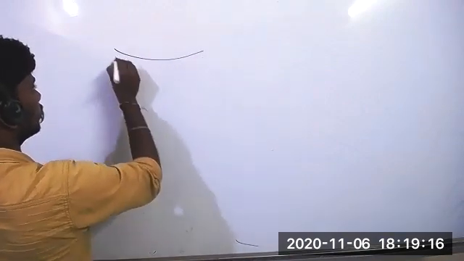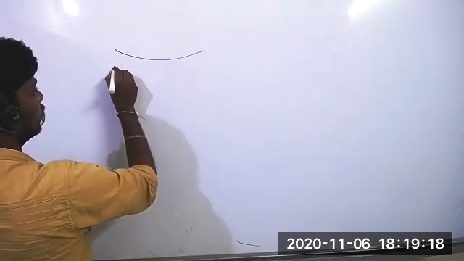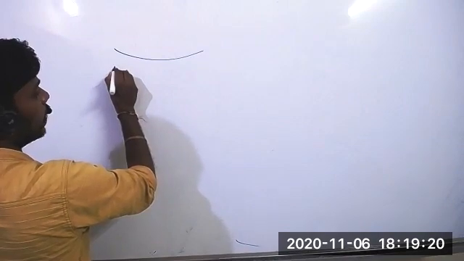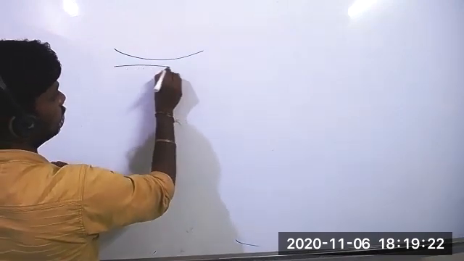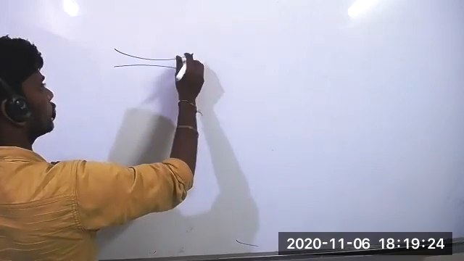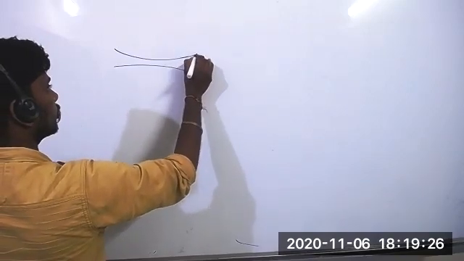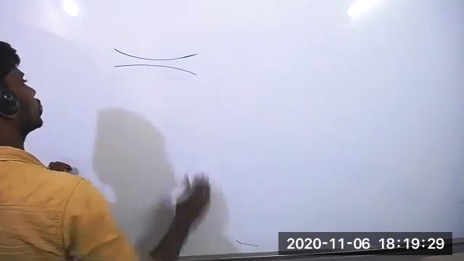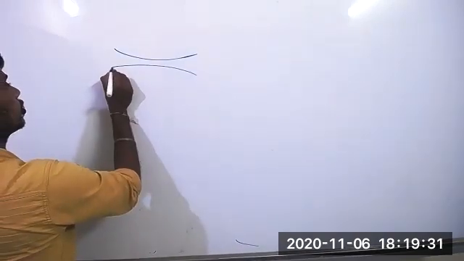Tell me, ma. Sir, what is the previous question answer, sir? Minus 3.33. Sir, I got minus 2, sir. Minus 2 somewhere, I think. Sir, that V formula is U plus F, no, sir?